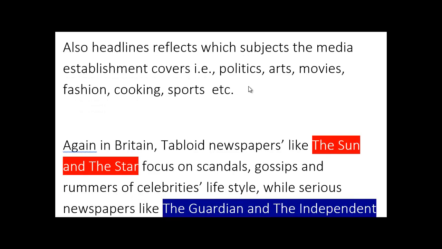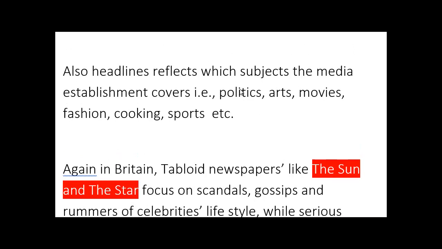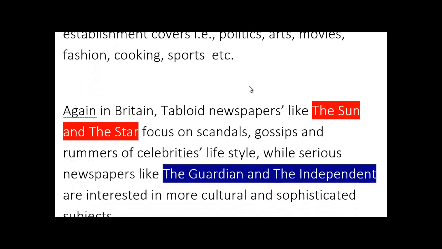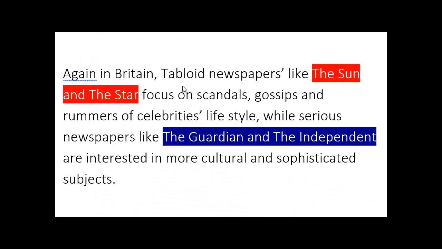It will depend on the subject that the media, the newspaper or the program or the website specializes in.